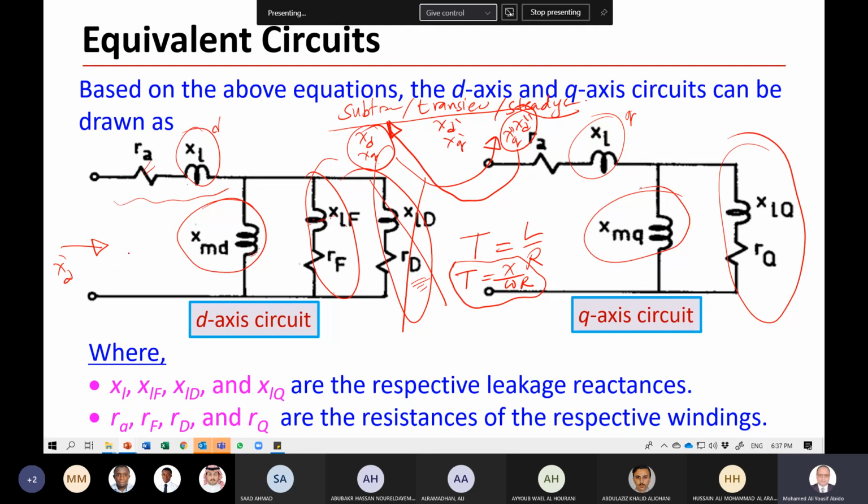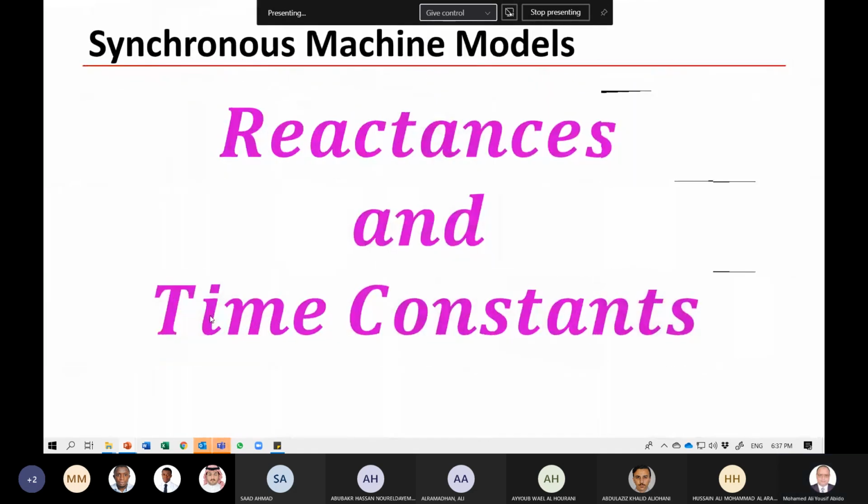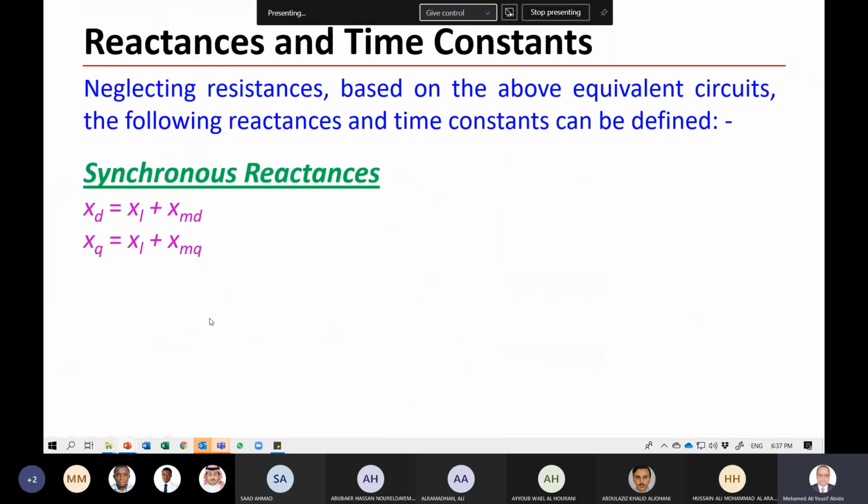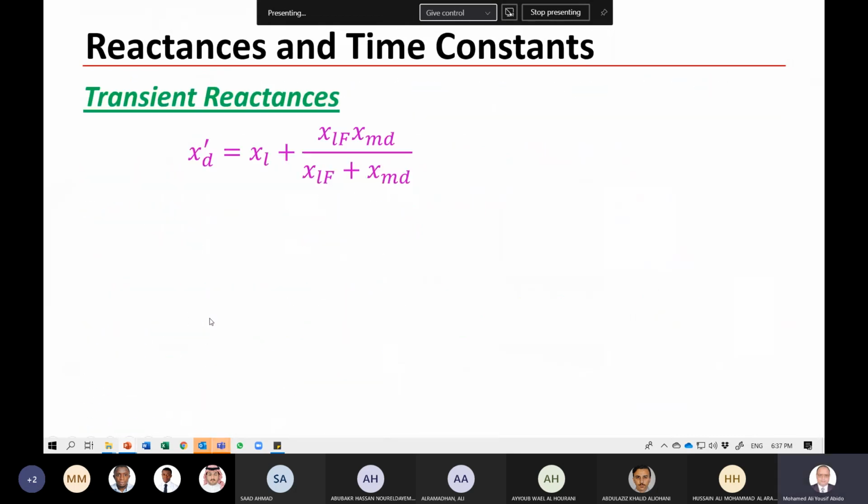So Xd prime of the machine will be Xl plus Xmd times Xlf over Xmd plus Xlf. So this is Xd prime.